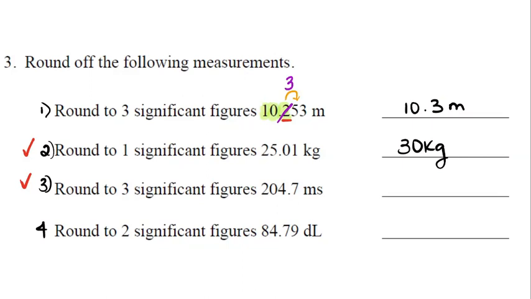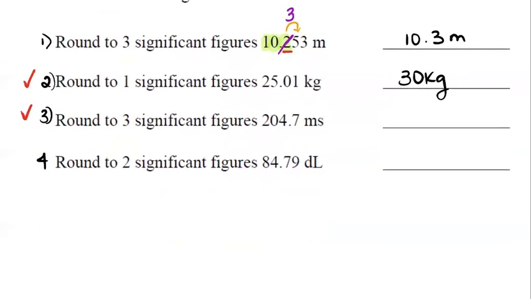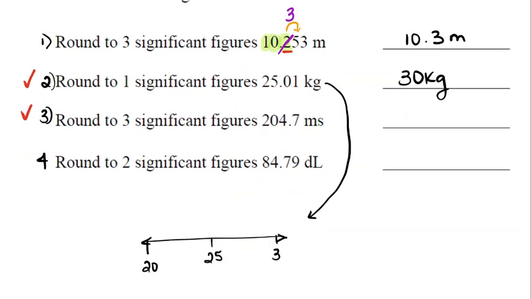that's correct. So the reason why we need to include the 0 after the 3, remember that if we do a number line, let me just make notes a little bit below. Let's say that we have a number line. We have the values of 20, 25, and 30.